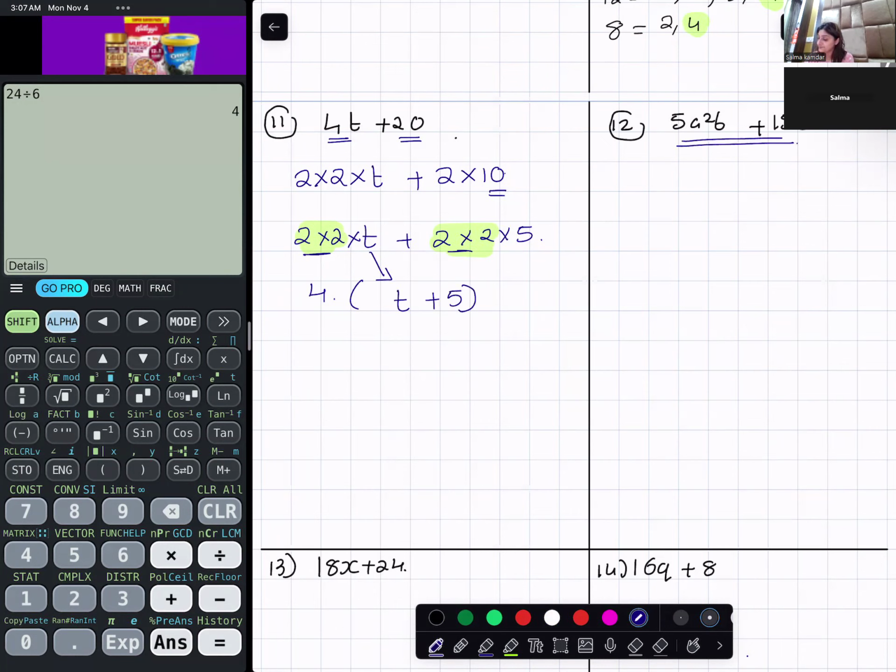Factorize. Try to do it yourself. Pause the video and do it. 15 can be written as 3 into 5 into A into B into B. Common factor.